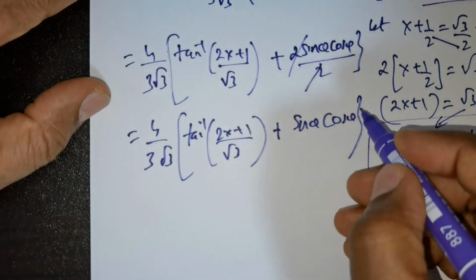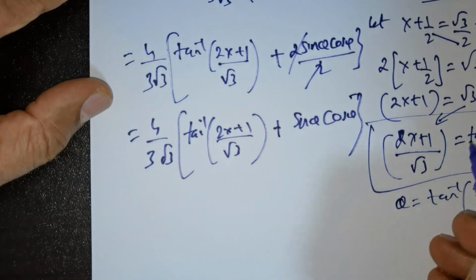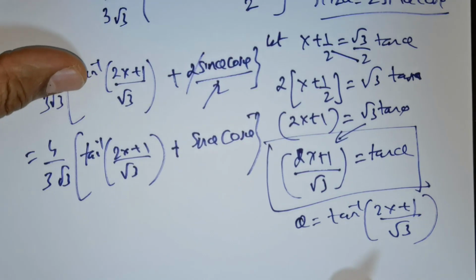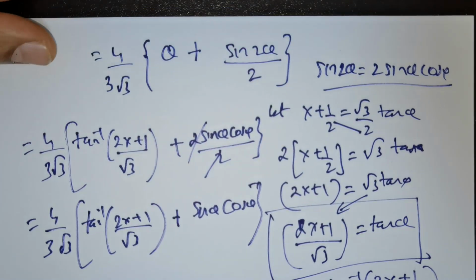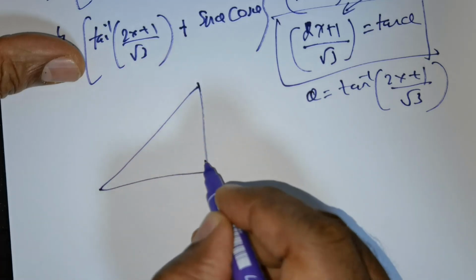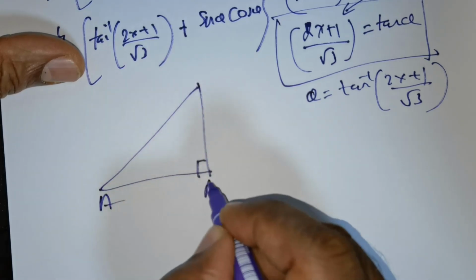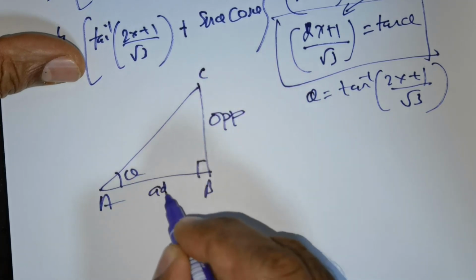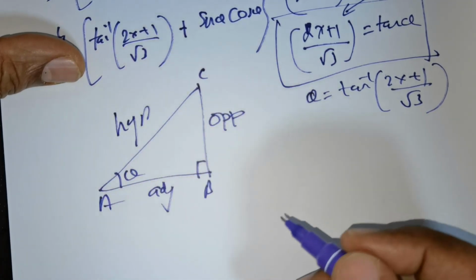Now we know the value of tan theta is equal to (2x + 1) over root 3. So what we have to do is we will have to utilize that. So draw the right triangle. This is theta, this is opposite side, this is adjacent side, this is hypotenuse side.